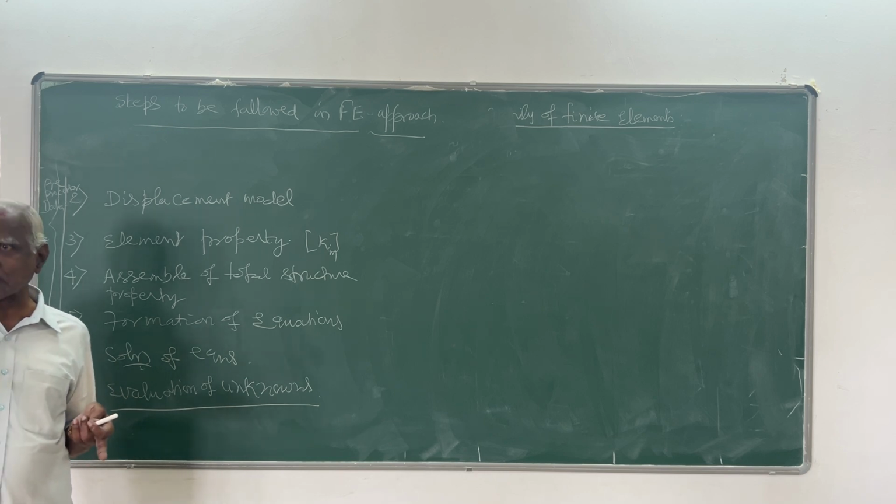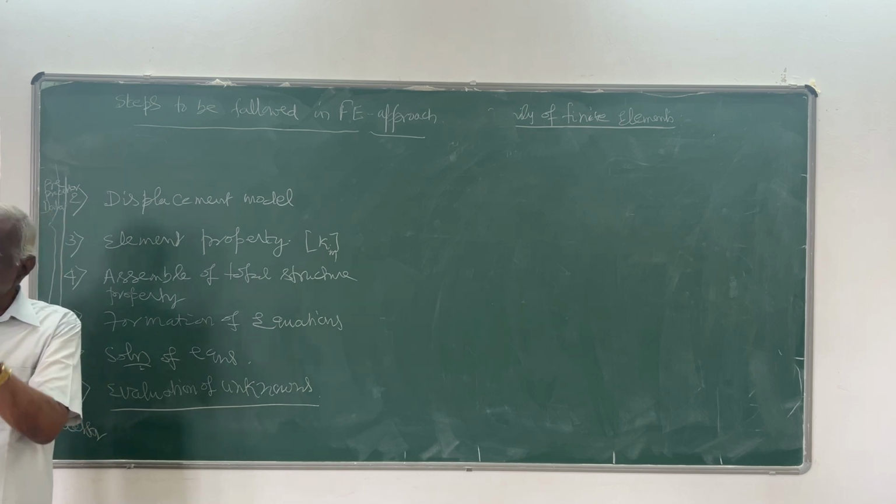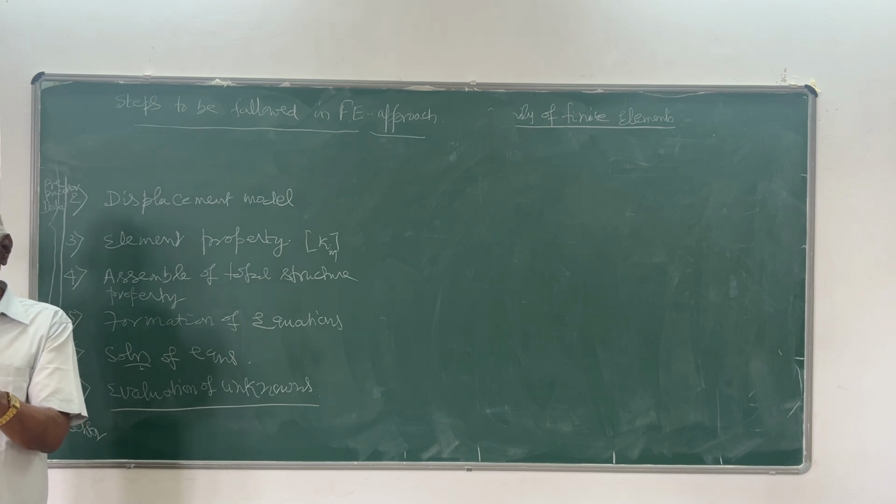When you come to a truss, though it is one-dimensional, similar to a bar, it is also subject to only axial force, but the load may be at the joint in any direction. It cannot only be along the axis.